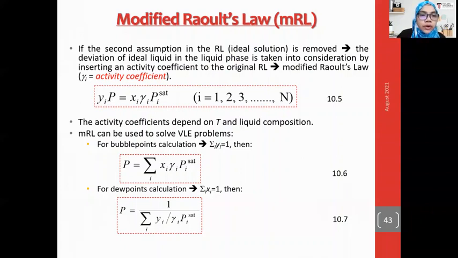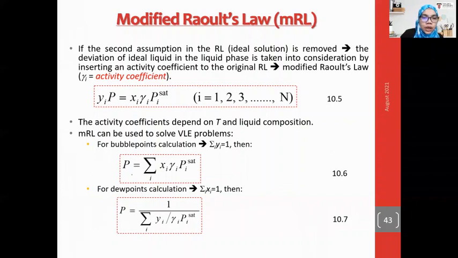So the modified Raoult's law turns to the vapor phase composition times pressure equal to the liquid phase composition times the activity coefficient times its saturation pressure, because we remove the ideal condition for the liquid phase here.